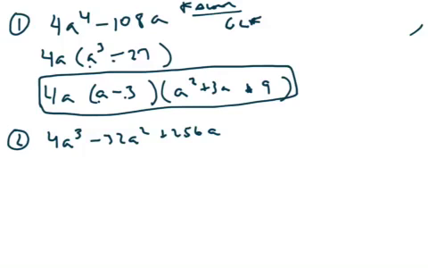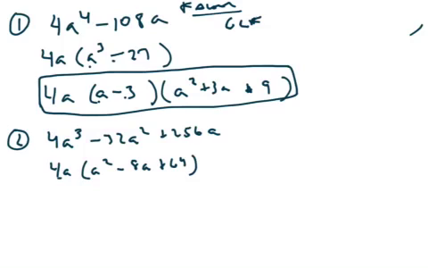How about a GCF? Anybody see it? All right, I'm seeing 4a again. Take that out, see what's left. Let's see, 4a times a squared, negative 8a, and then 256 divided by 4 is 64, so this is 64.